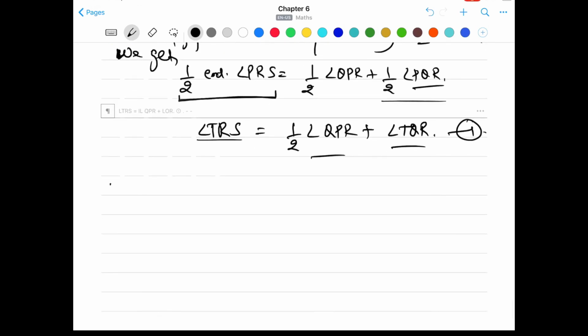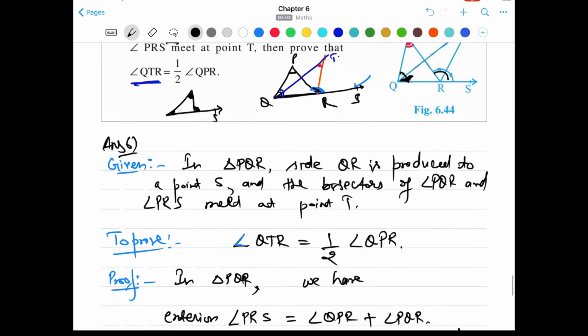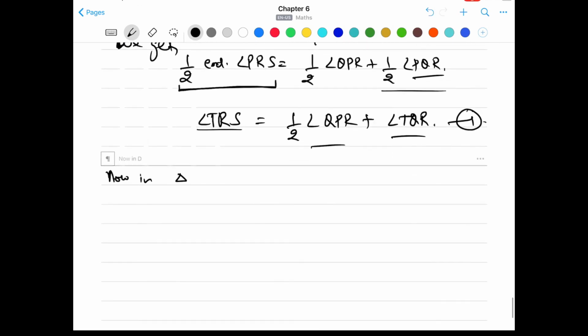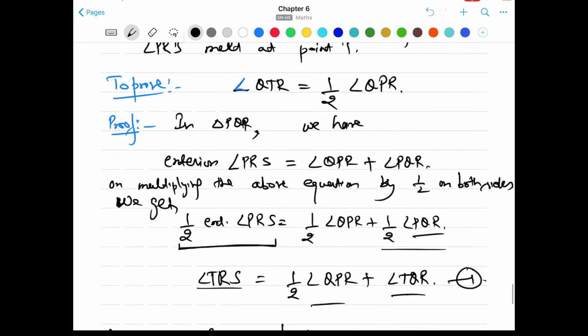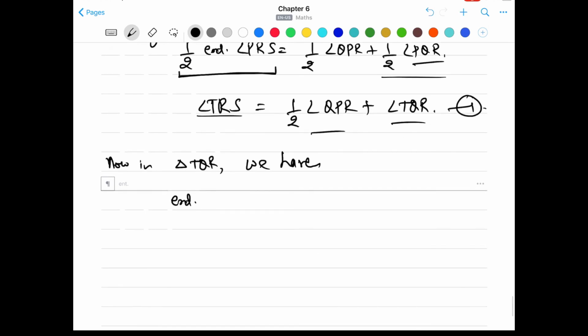Okay, similarly we'll write: in triangle TQR we have the exterior angle, here the exterior angle is angle TRS.